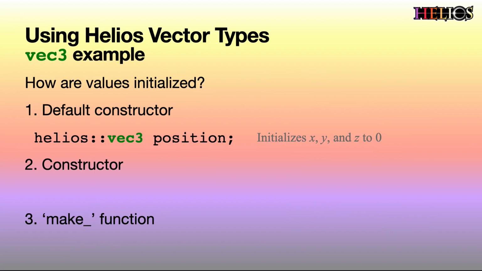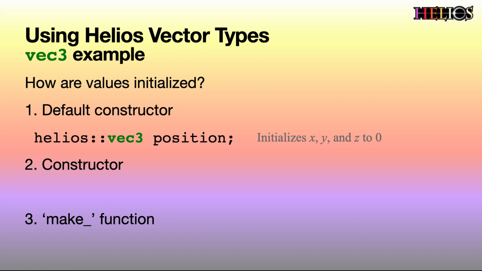First things first, let's continue with our vec3 example and talk about how values are initialized. We saw that we had three data members, but we usually would want to initialize their values and also read those values later. One way is by using the default constructor.